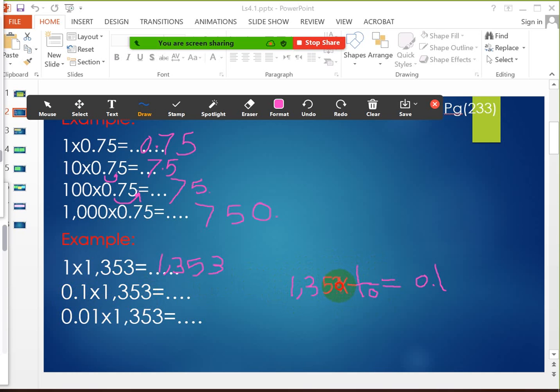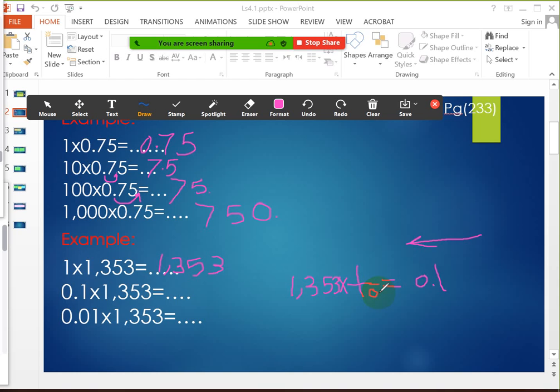And you remember I said that when we divide a number by a power of 10, you have to move the decimal point to the left, a number of digits equal to the number of zeros in the denominator.